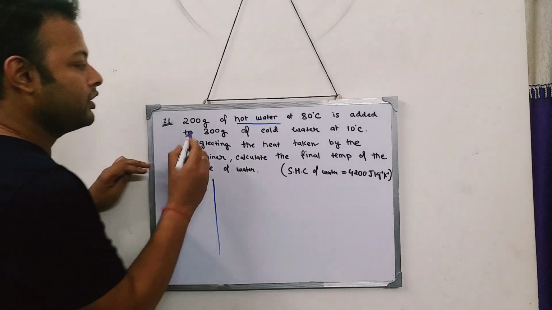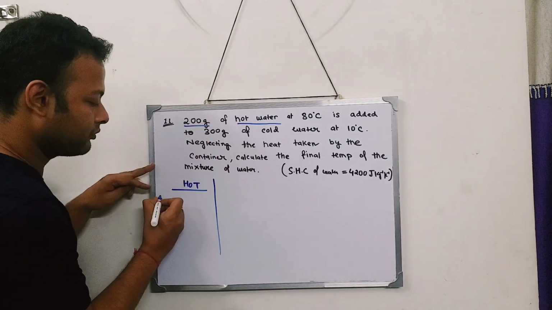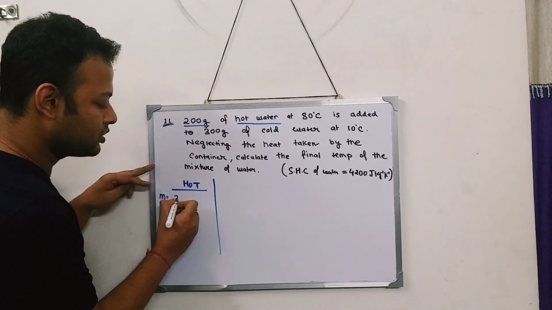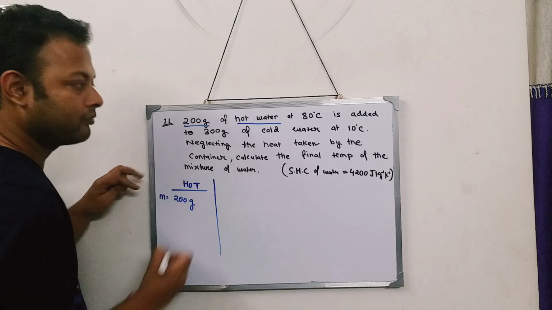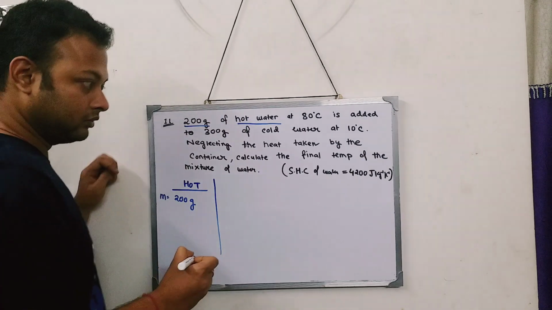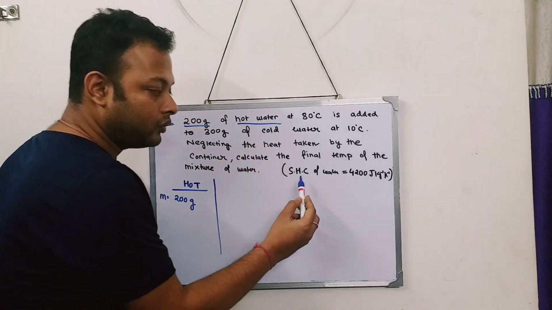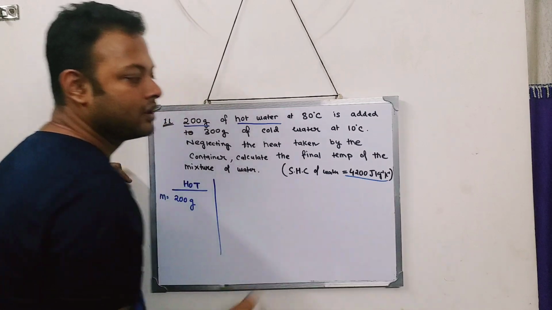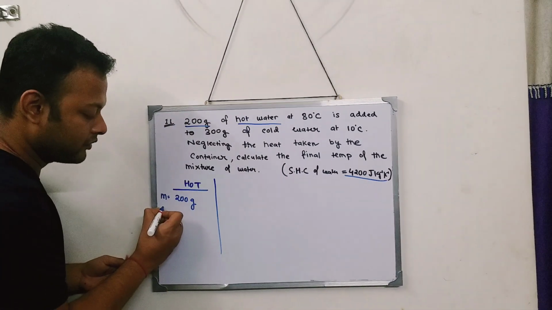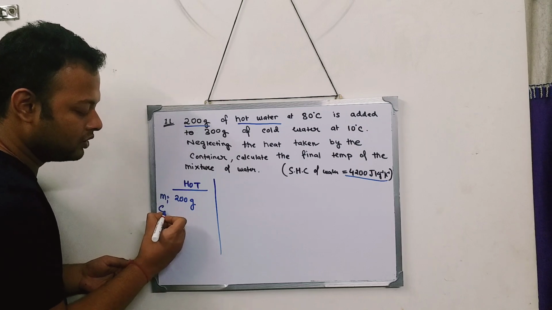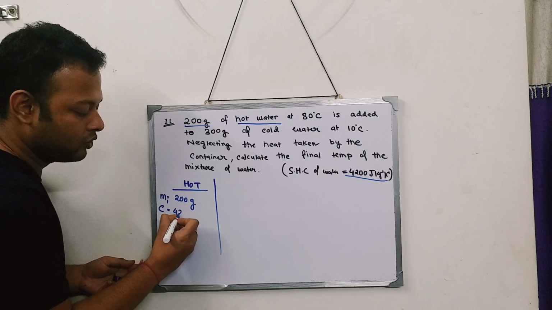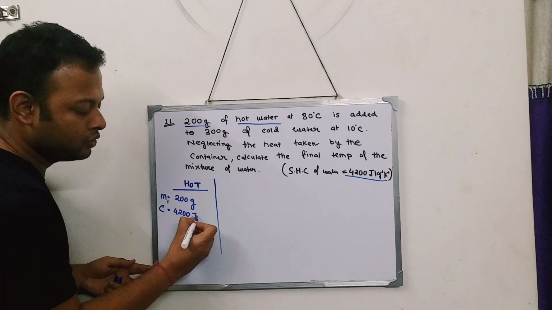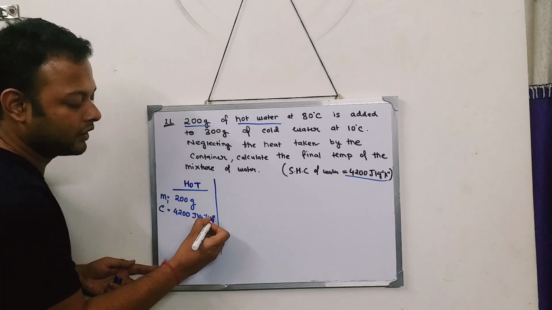Now the hot body is of mass 200 gram. Now this is water, so the specific heat capacity of water is given as this. So this is the value of C. I'm writing M1, and C is equal to 4200 joule per kg per Kelvin.